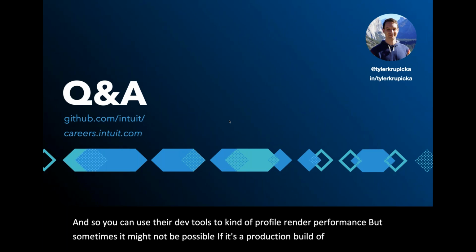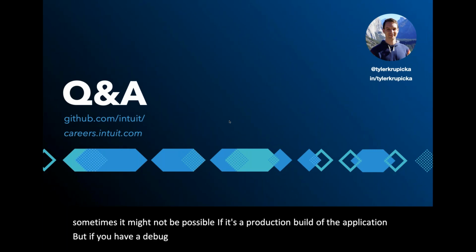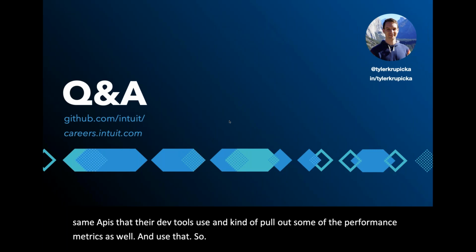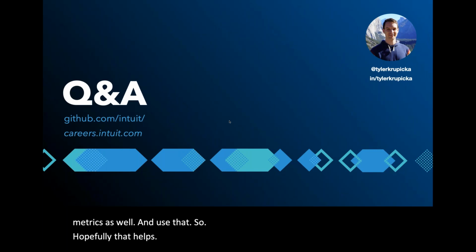If you have a debug build, you might be able to tap into the same APIs that their dev tools use and pull out some of the performance metrics as well and use that. So hopefully that helps.